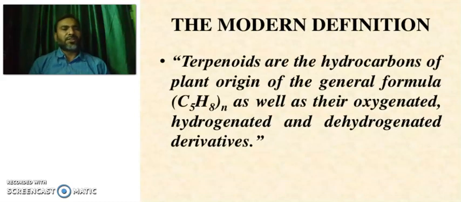The modern definition of terpenoids: terpenoids are the hydrocarbons of plant origin of the general formula (C5H8)n, as well as their oxygenated, hydrogenated and dehydrogenated derivatives. So this is the modern definition of terpenoids.